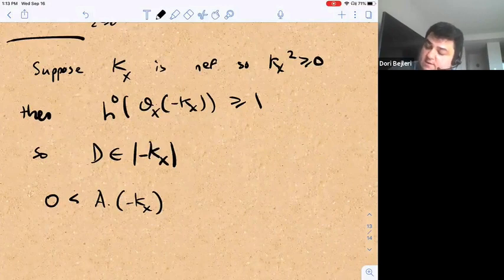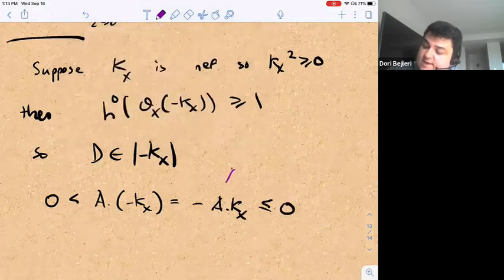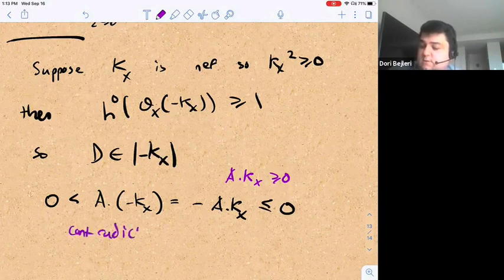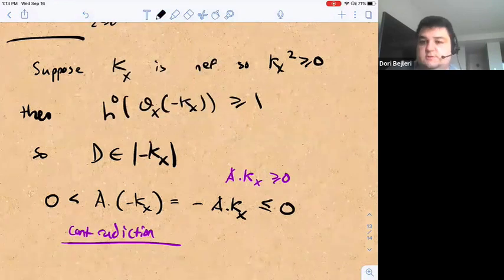But on the other hand, it's equal to minus A times KX, which is less than or equal to 0 because KX is nef, so A times KX itself is greater than or equal to 0 by our lemma. Okay, so that's a contradiction. So KX can't be nef under these numerical conditions.